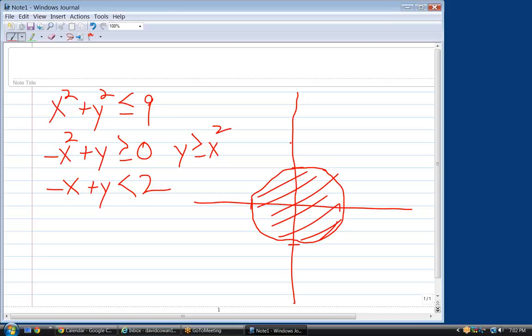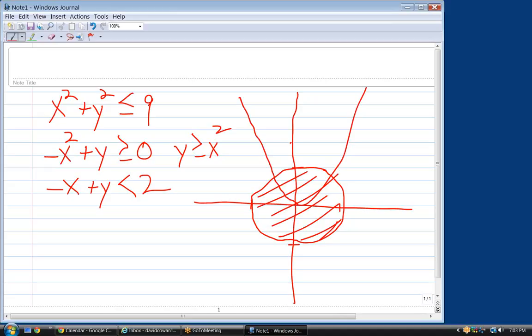What does y greater than x squared mean? What kind of figure is that? What's y equal to x squared? What is that graph? It's a parabola, like that.